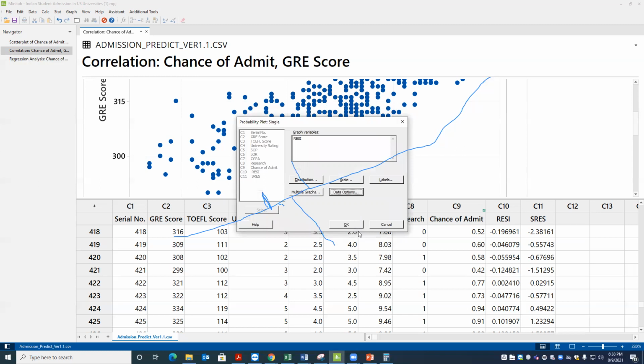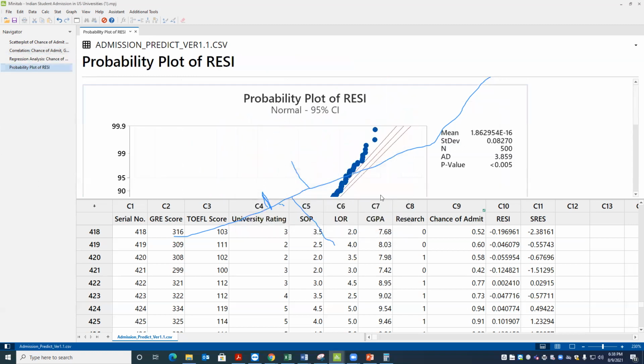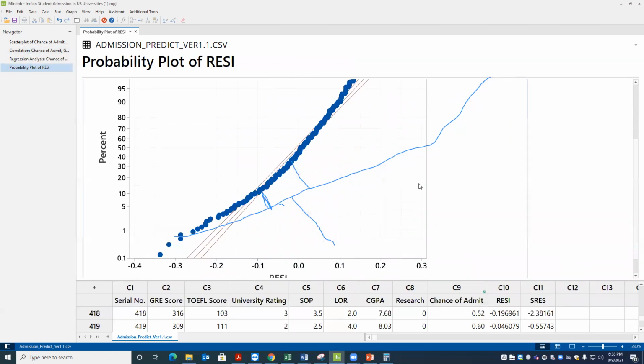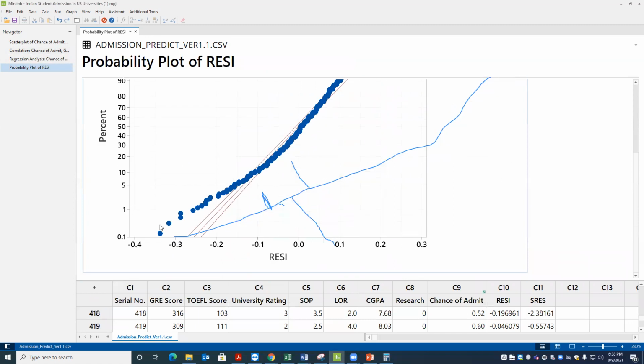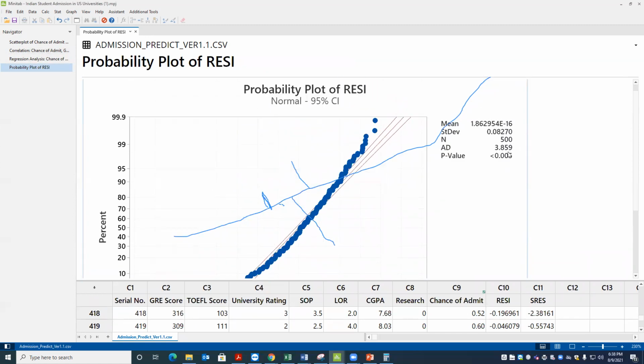Now you can see, by default it comes at 95% confidence, residuals minus to plus. Are they normally distributed or not normally distributed?